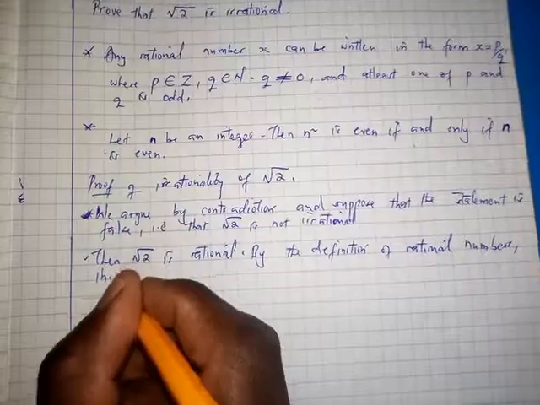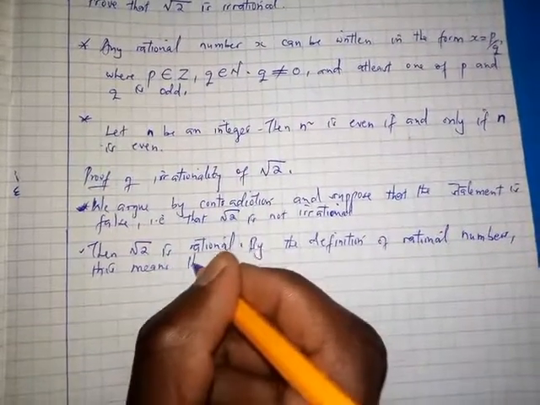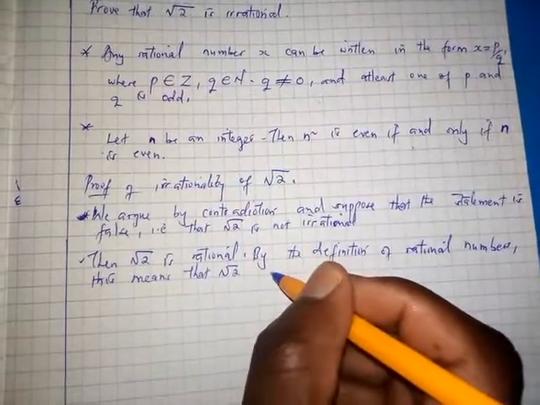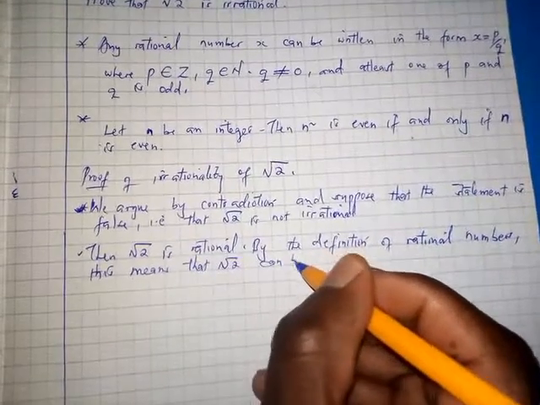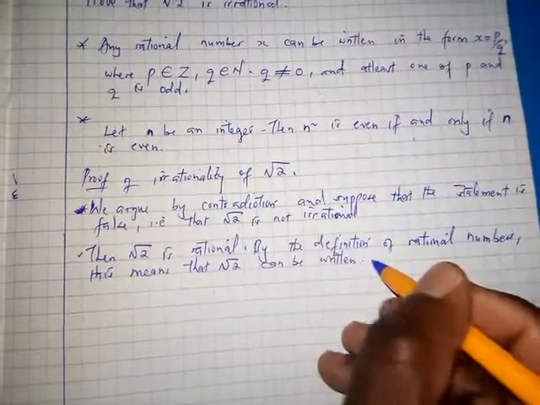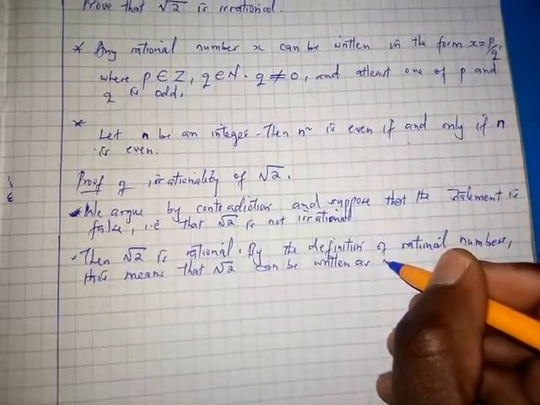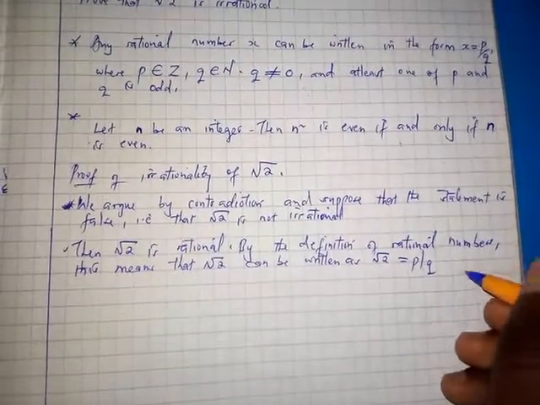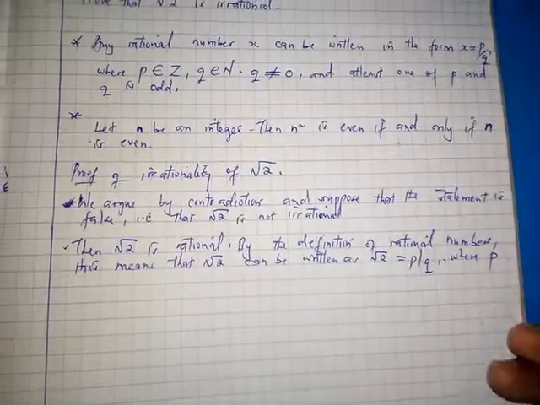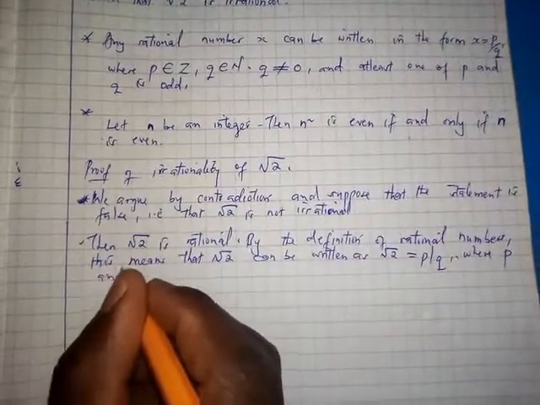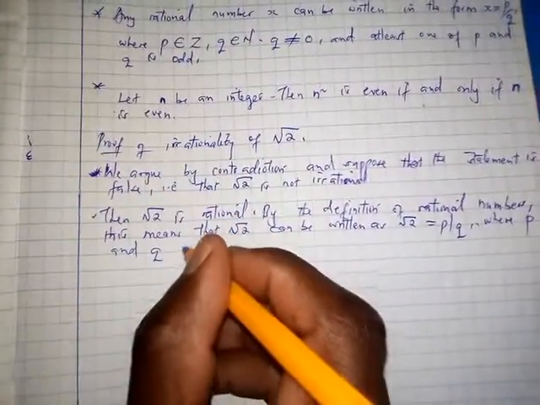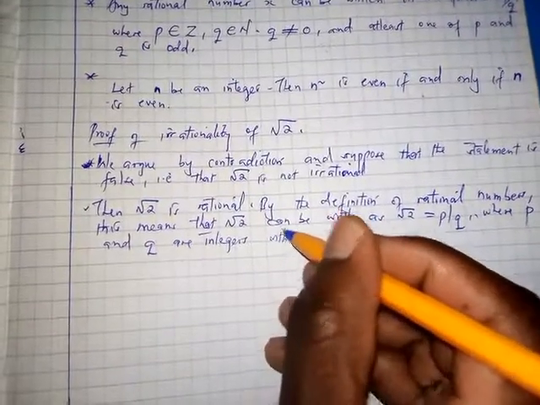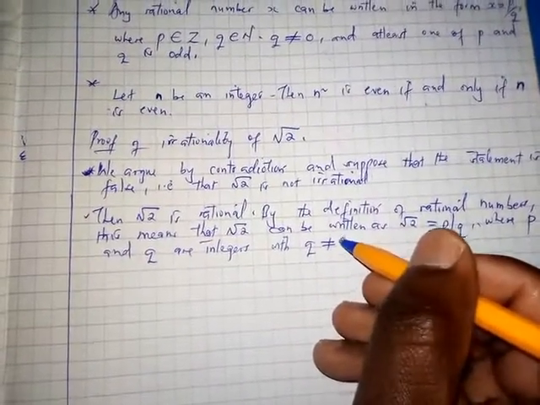This means that the square root of 2 can be written as the square root of 2 is equal to p over q, where p and q are integers, with q not equal to 0.